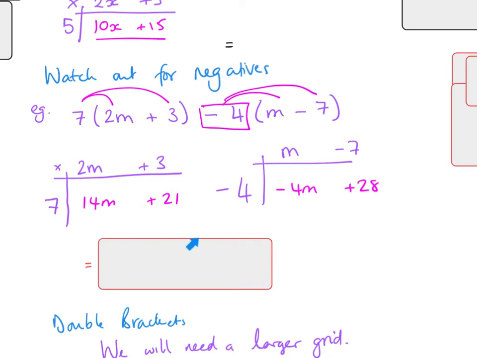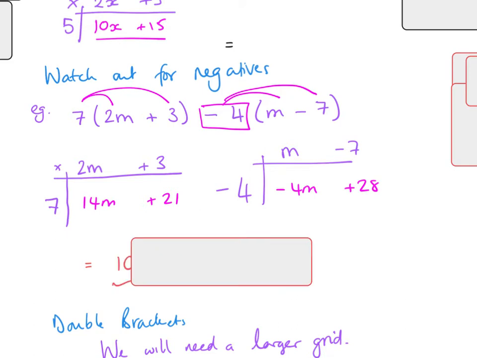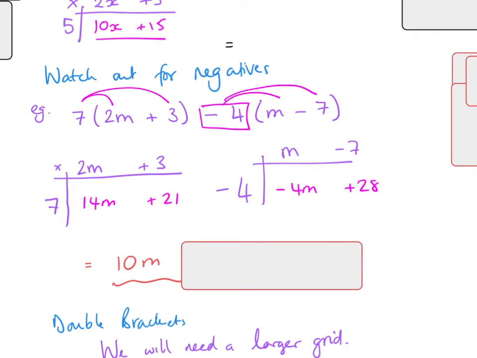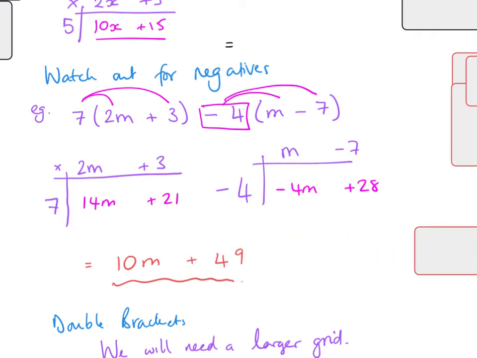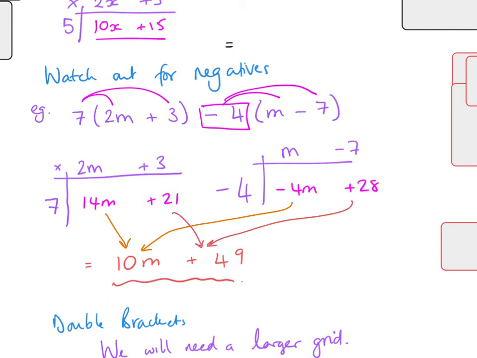So that will give us 10m, and then we've got positive 49. We get that from the 14m minus the 4m, and we get the 49 from the 21 and the positive 28. So it's making sure we have the right simplification as we go through. That's a D band kind of question.